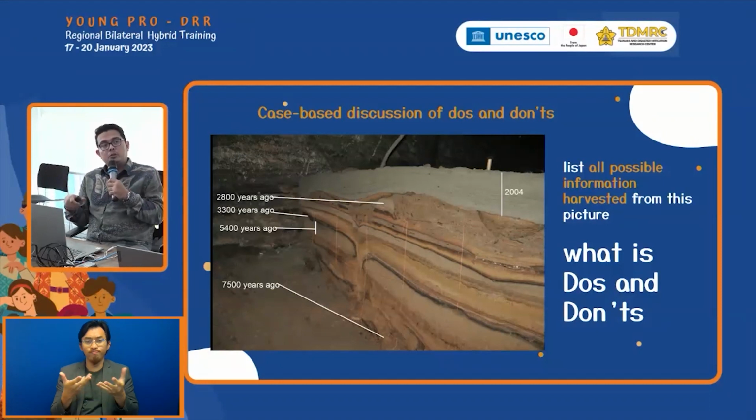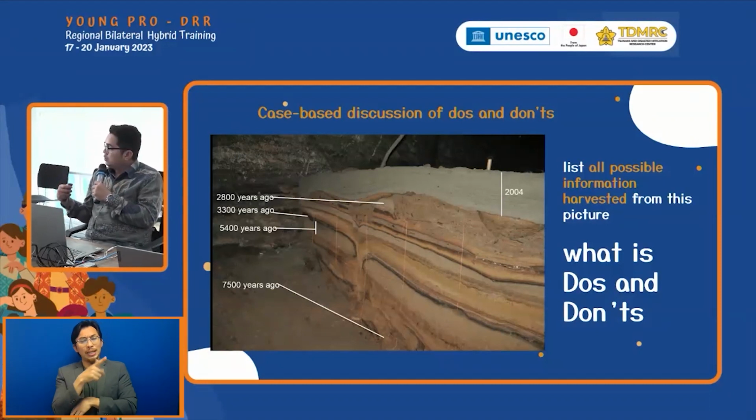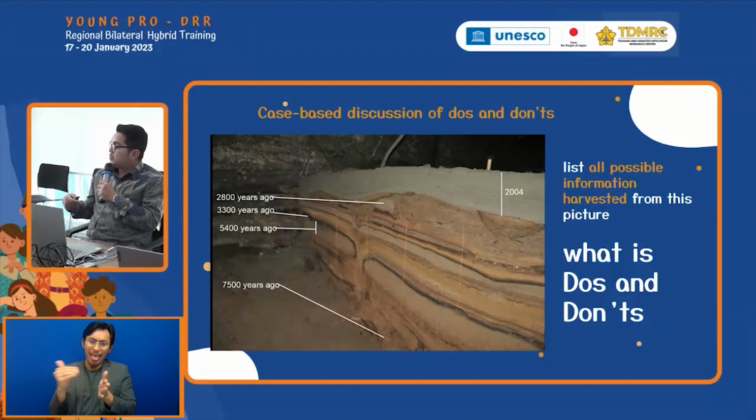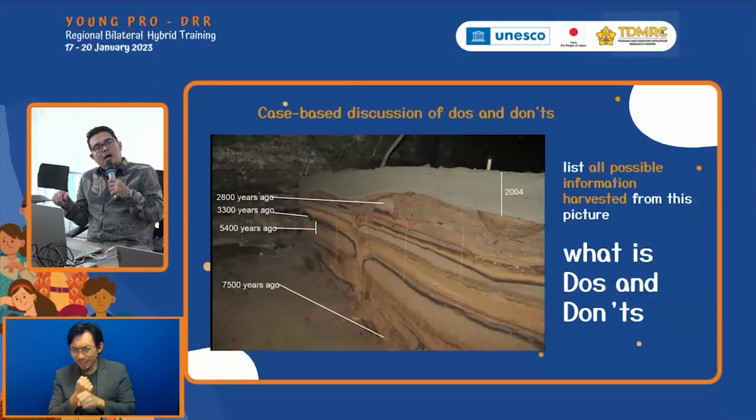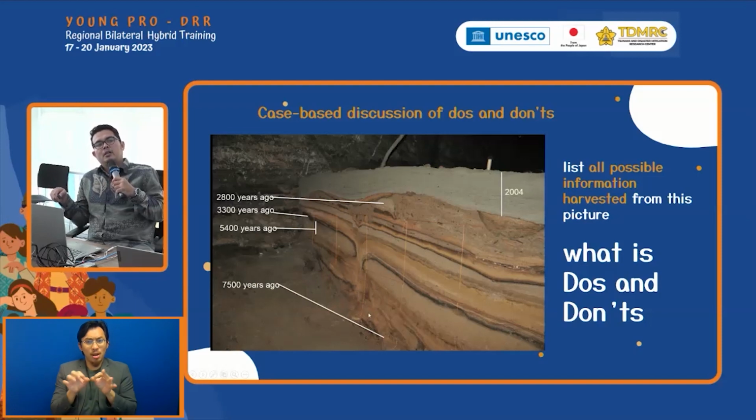It's very difficult to let them know that these tsunamis keep repeating for at least 300 years, 1,000 years, 500 years, and so on. So how can we list all that possible information in a single figure like this one? What is the most important information that we can harvest, and what are the do's and don'ts?